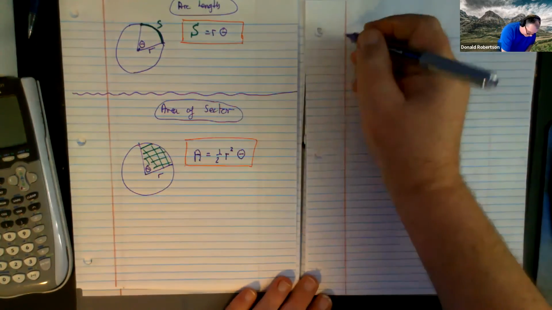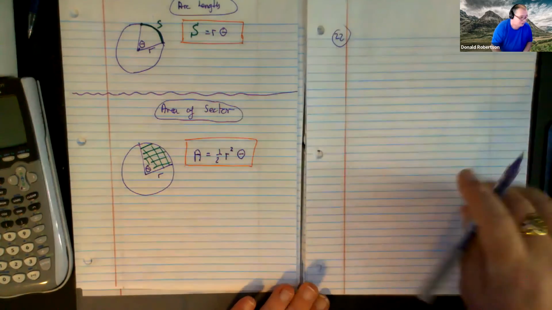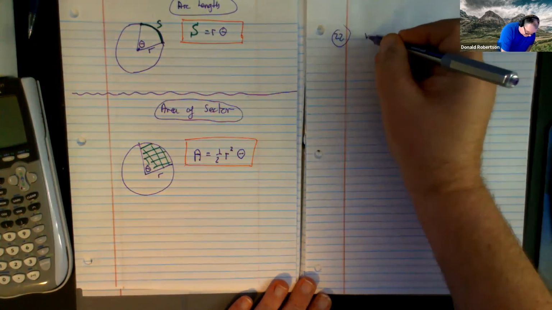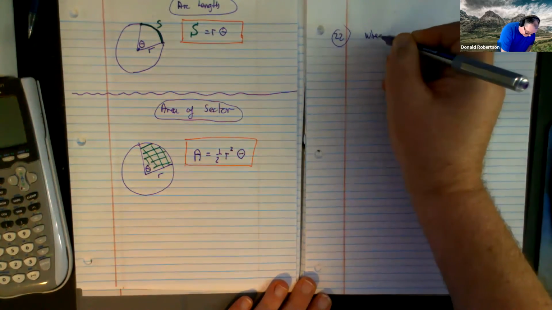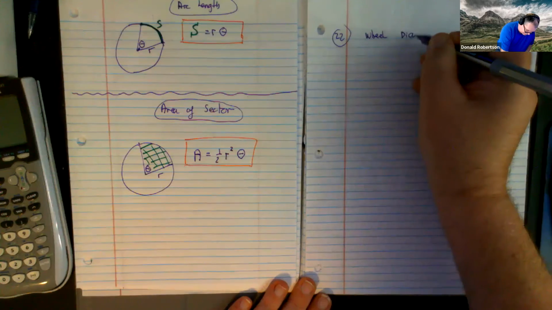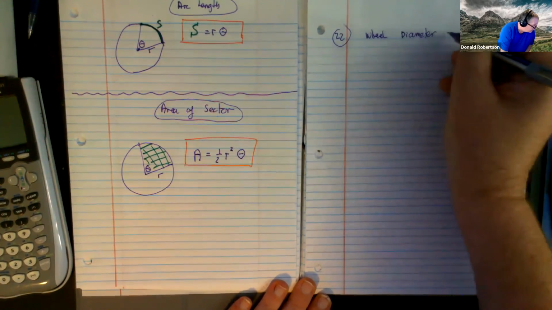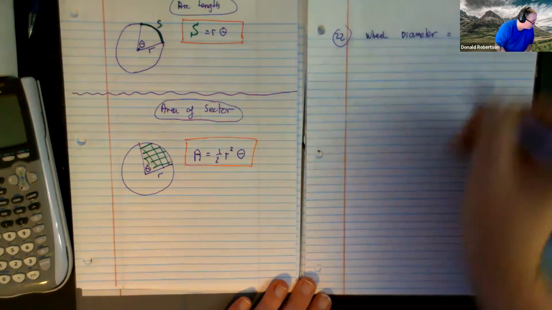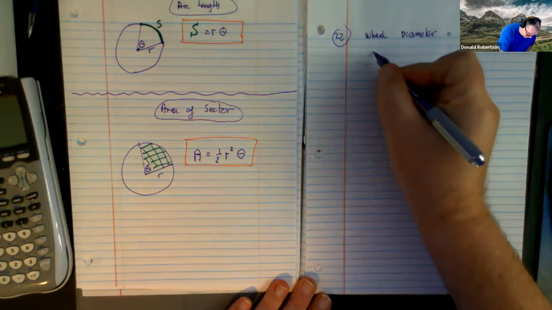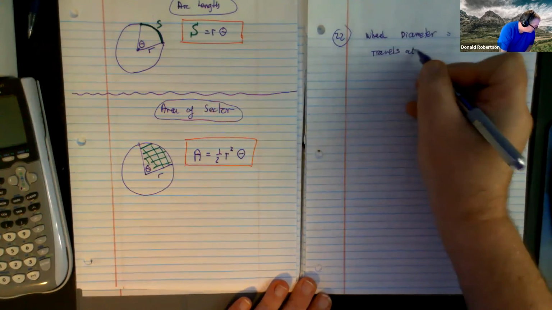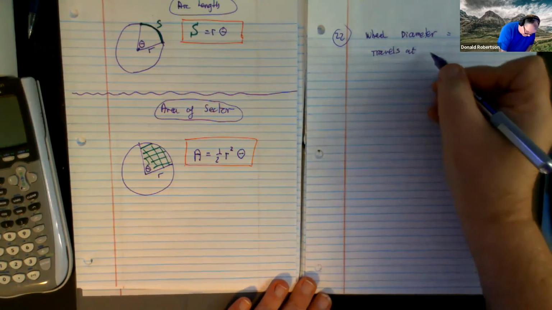If you look at my version of question 22, I'll just write down what it says. It tells you that the wheel of a truck has a diameter of 54 inches. That sounds familiar. We did one earlier with wheels. And it travels at 45 miles per hour.